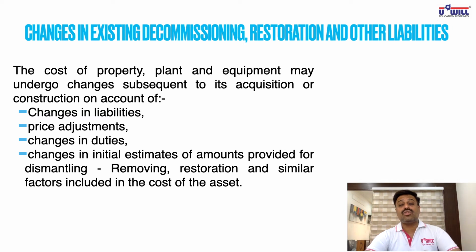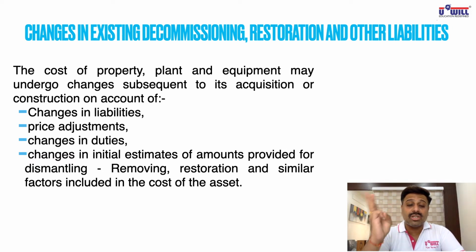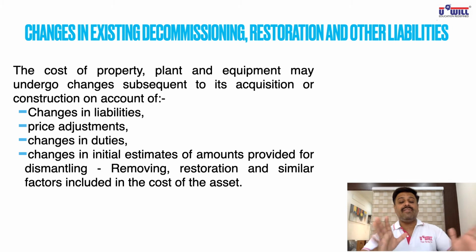Changes in duties, this also happens. Suppose you buy an asset where the money you pay in installments, presently the GST rate of that is 18%. In future, it might be possible that from 18% it becomes 27%, or maybe it becomes 5% also. So whatever pending money is to be paid, on that the duty will change, and accordingly your liability will also change. So in these situations changes are possible: changes in liabilities, price adjustments, duties. So the cost of property will undergo a change.